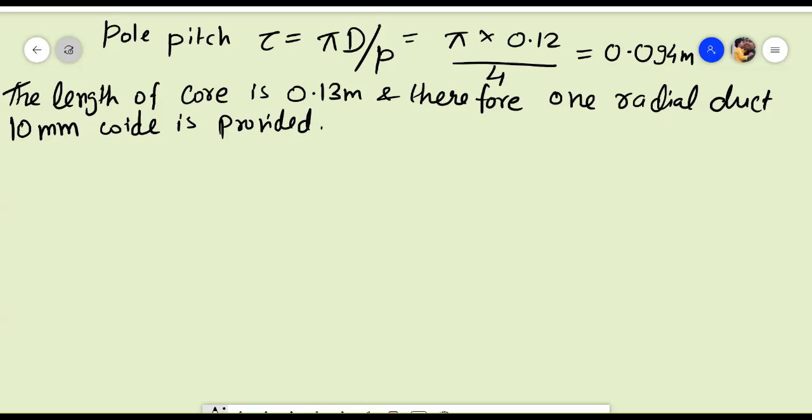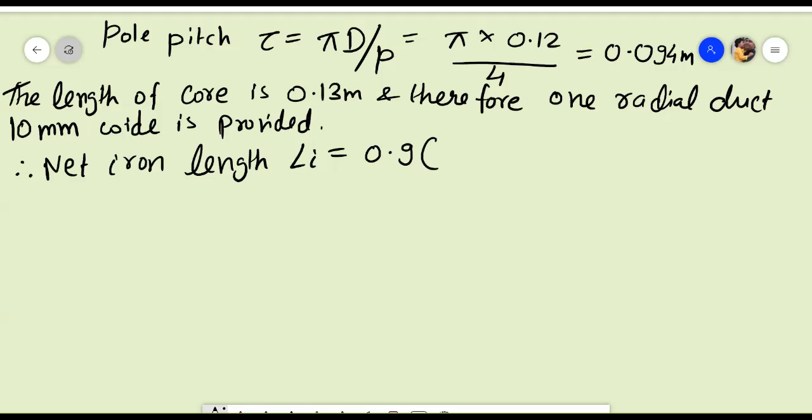So the net iron length Li is given as 0.9 multiplied by 0.13 minus 0.01, that is equal to 0.108 meter. Okay.